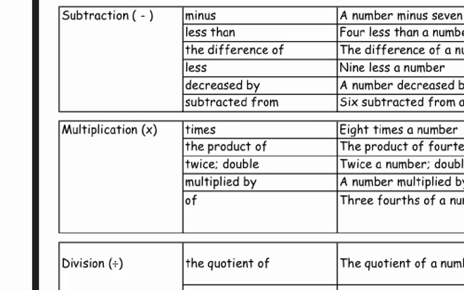Okay, let's look at subtraction. Of course, minus is the first one. Less than, the difference of, less, decreased by, and subtracted from. Now, there are some in here that we need to make a note of.